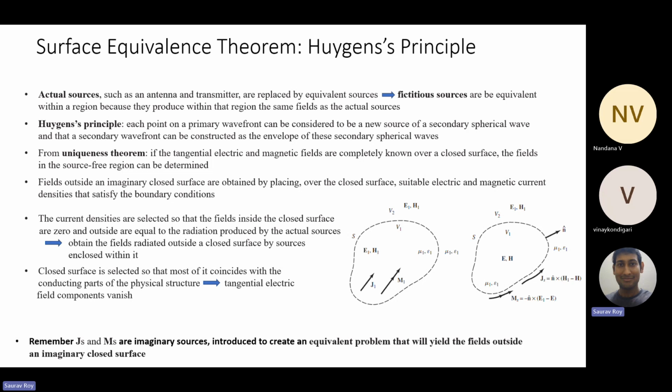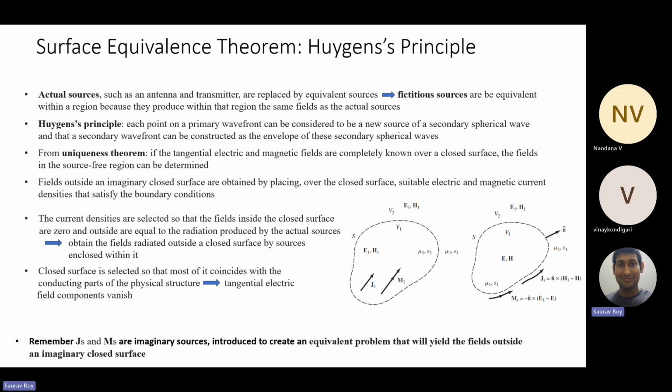That is why it is written in bold: remember that JS and MS are the equivalent imaginary sources on the boundary S. Those are imaginary sources enclosed by an imaginary closed surface. The surface itself is imaginary, as well as the sources on it. That creates an equivalent problem so that the field outside, E1 and H1, is the same. That is the equivalence principle.